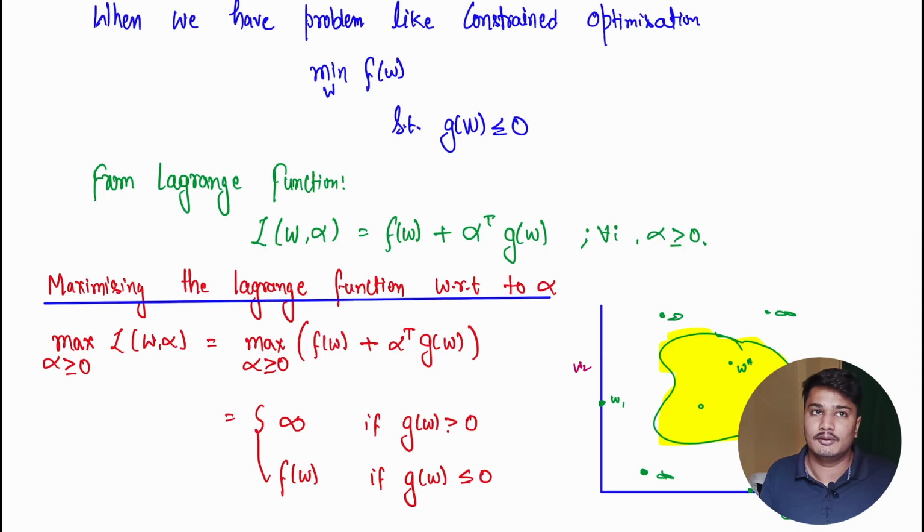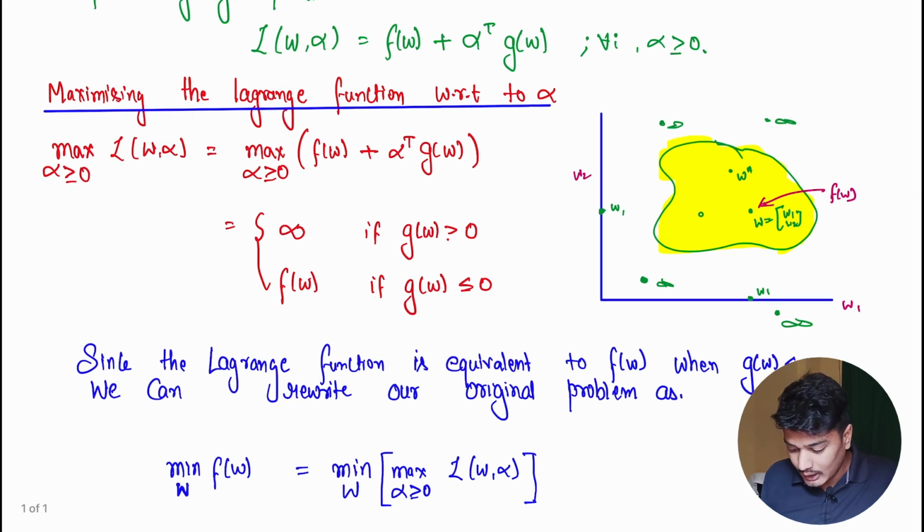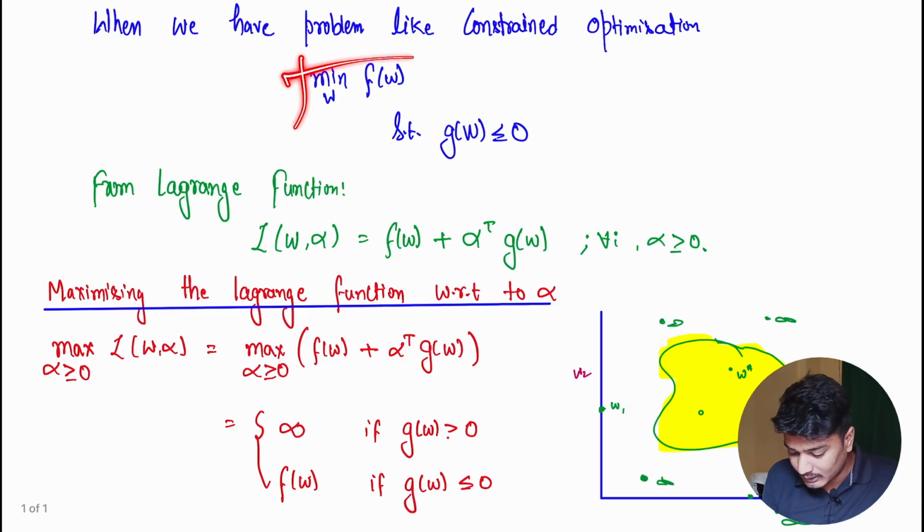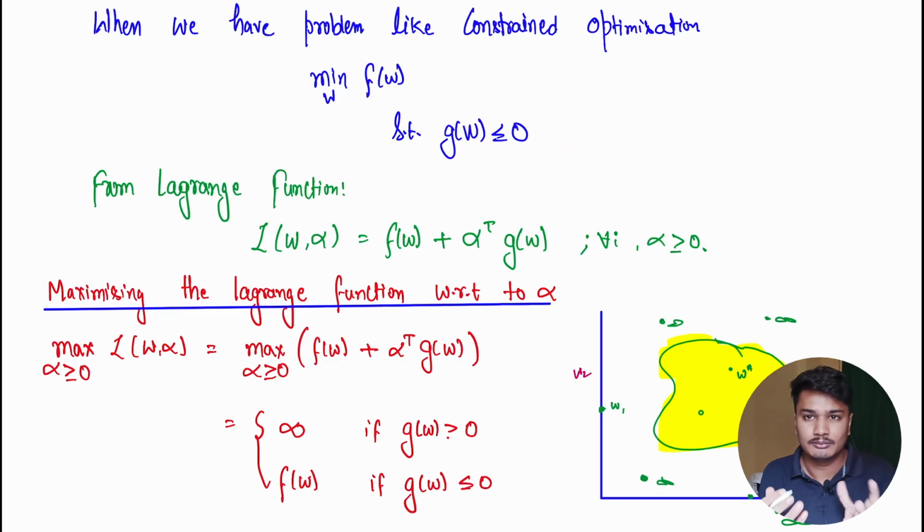We have done this in the MLF course, right? So now we can write this problem as the Lagrange function. I am just talking about the general form. Don't worry about where it comes from.